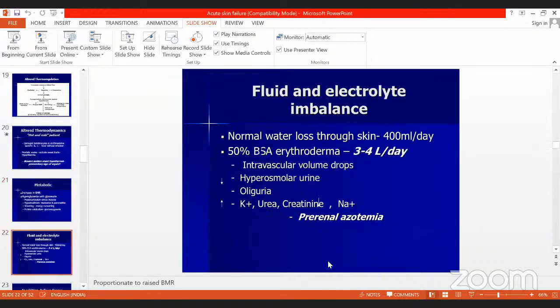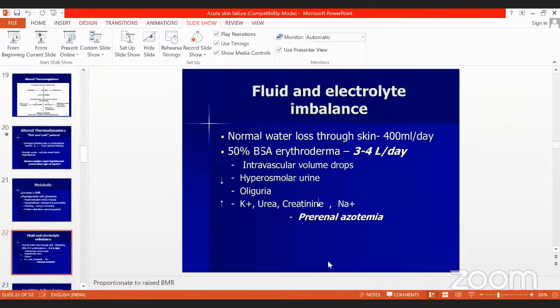The next thing that suffers is fluid and electrolyte imbalance. We talked about this before. What is inside can go out. So normal water loss through the skin is about, I told you, 200 to 400 ml per day. Now, when a person has even 50% of the body surface area with erythroderma, it can drastically jump up to about 10 times that. So he might lose 3 to 4 liters per day. So because of that, what happens? Intravascular volume drops.